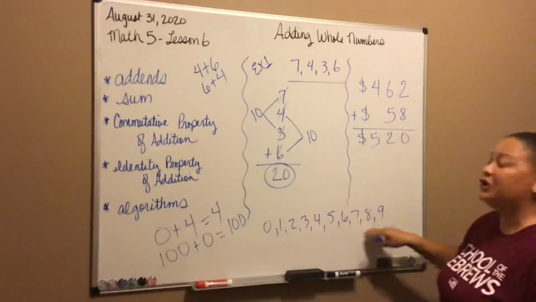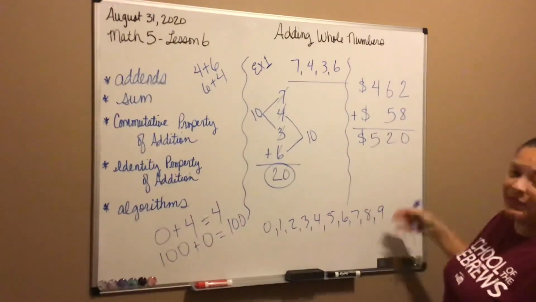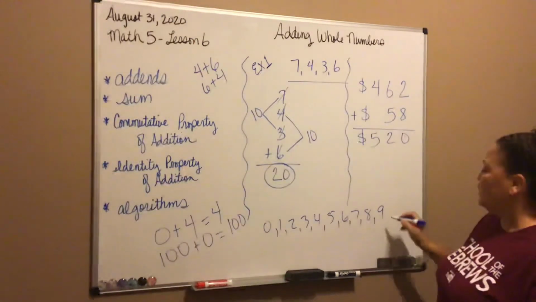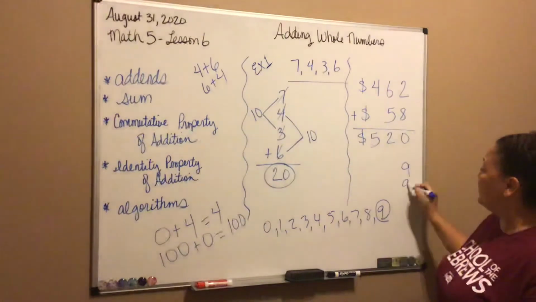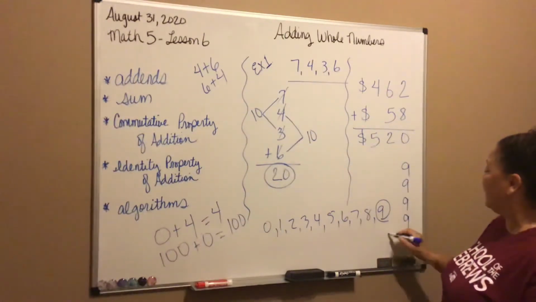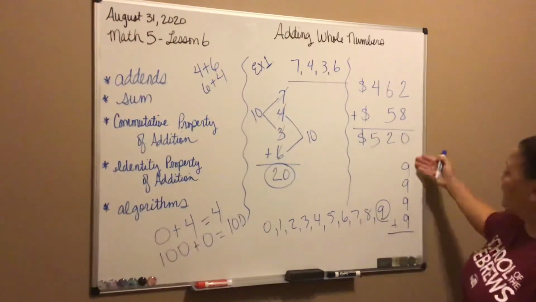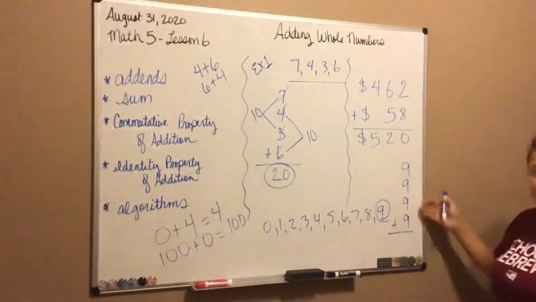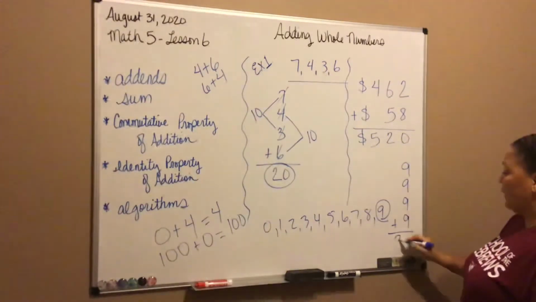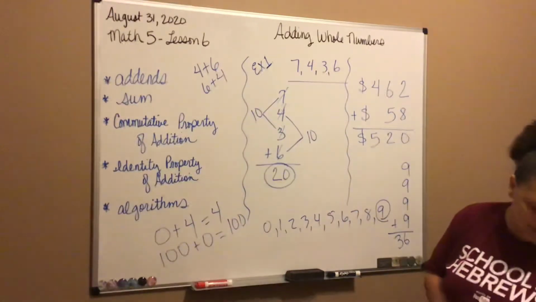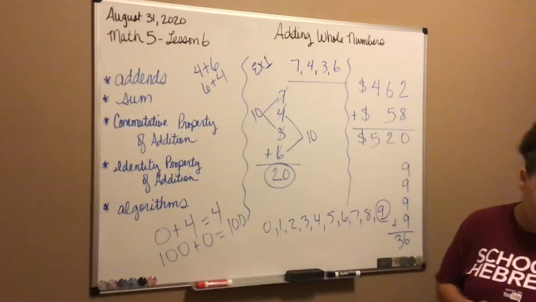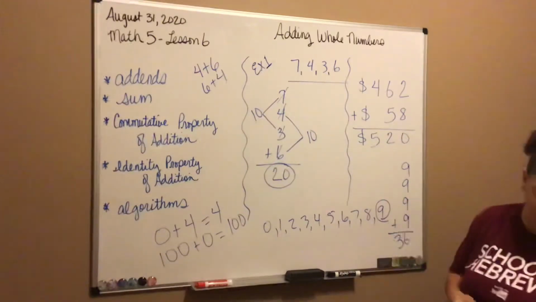These are all one-digit numbers. Everything beyond this is more than one digit. So if I took the highest digit and I added it 4 times, 9 plus 9 plus 9 plus 9, right? This is simply 4 nines, so 9 times 4 is what? 36. So is it more or less than 40 is what it is asking. So we know that it would be less than 40 because 9 is the greatest digit.